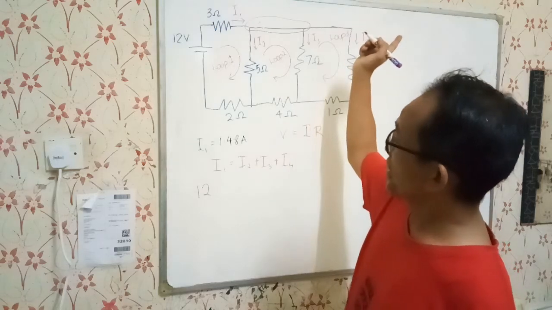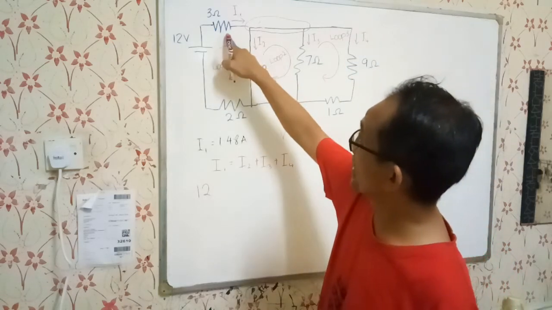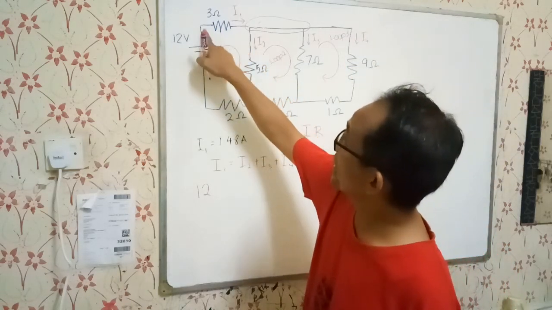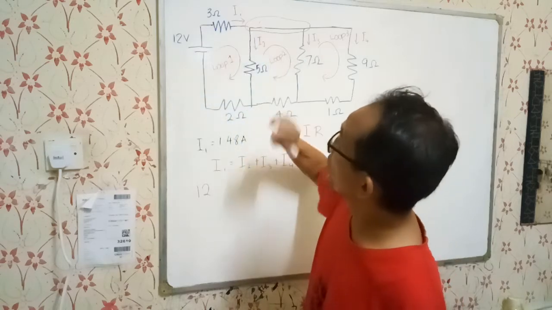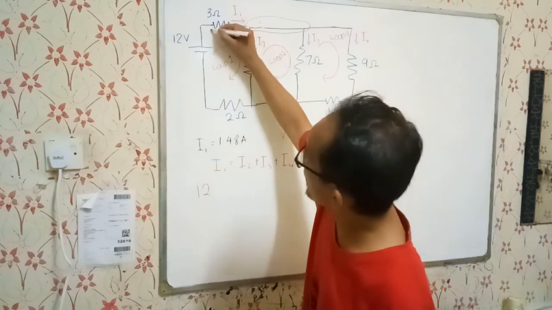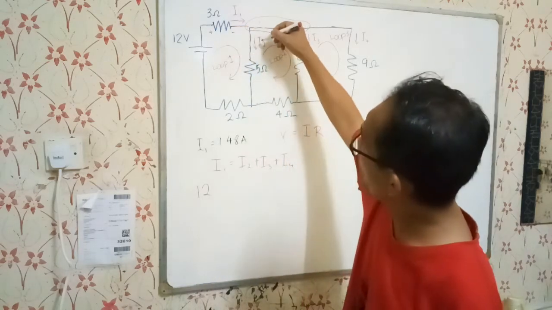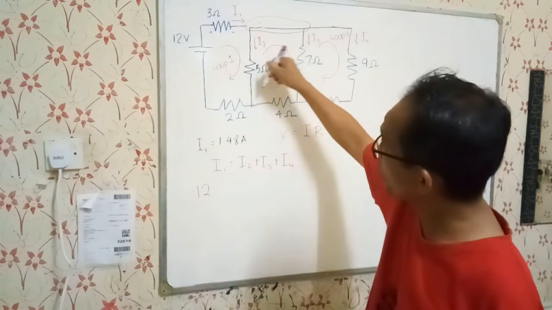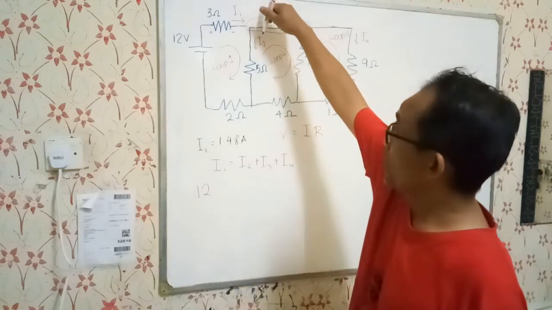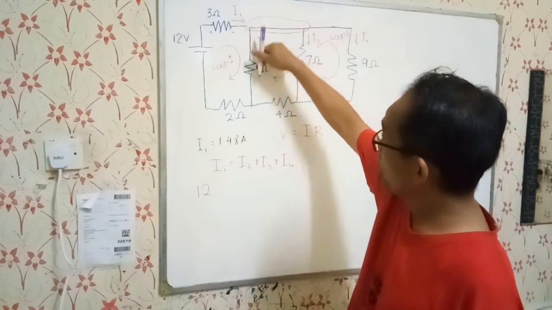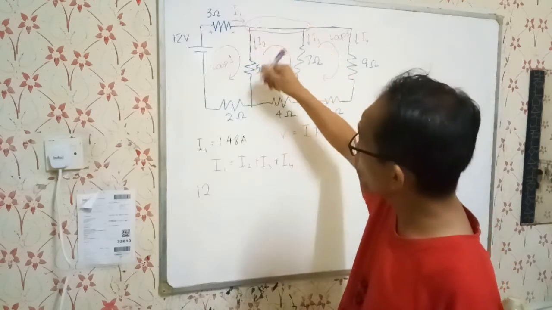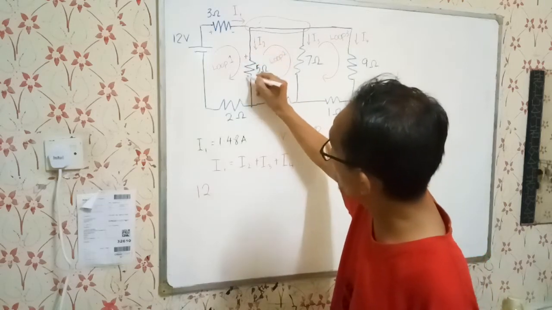Now we have the resistors, the 3 ohm resistor. Current is going from left to right, so the polarity of that resistor is plus and minus there. And we have I2, the current going into the 5 ohm resistor from top to bottom, and so the polarity will be plus minus.